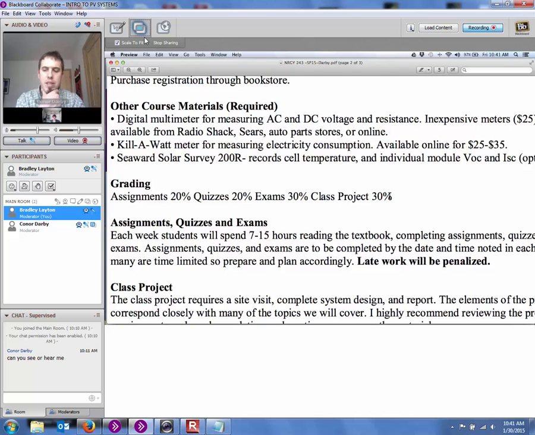The class project is something that I think people have gotten the most value out of over the last couple of years. That's where you students are asked to go out and find a solar project application and develop the feasibility study of it, calculate how you would install the system, and provide photos and design documents.